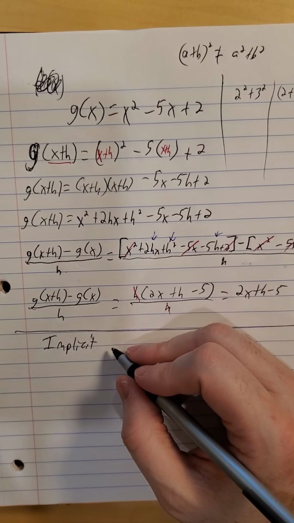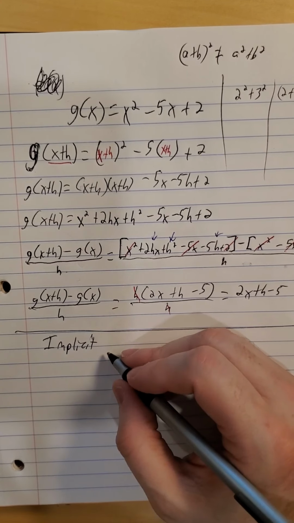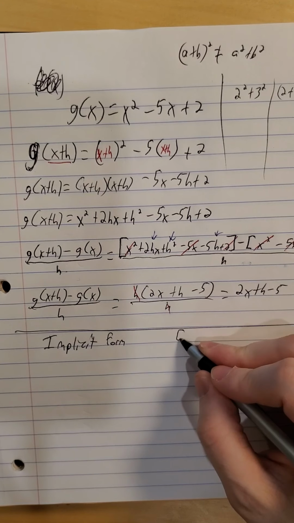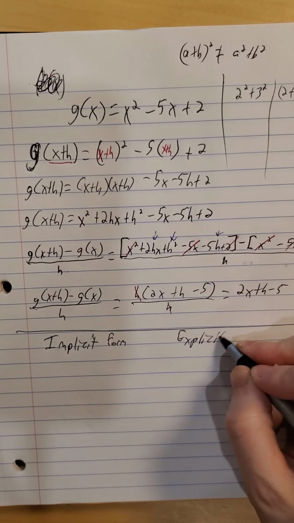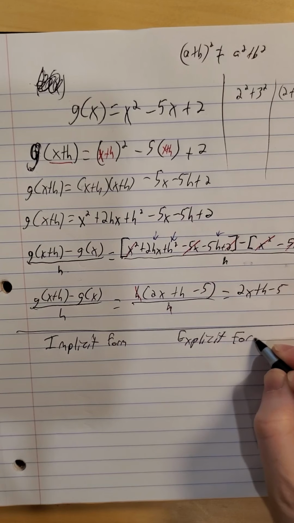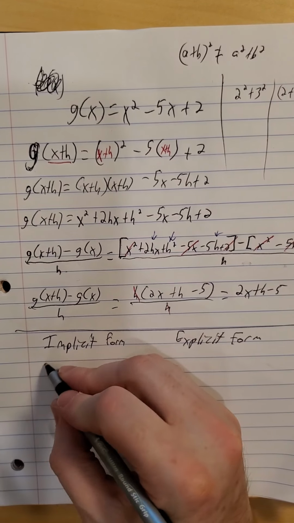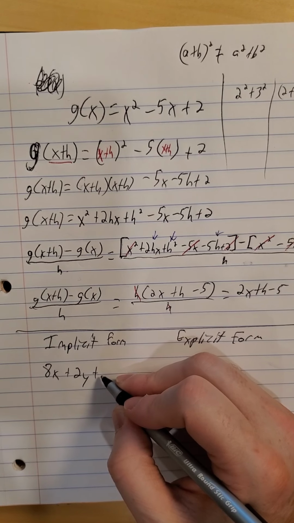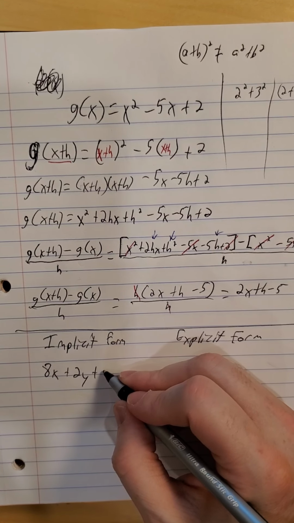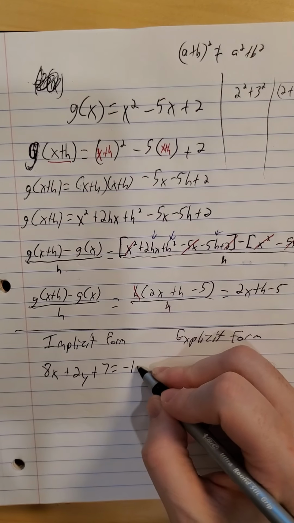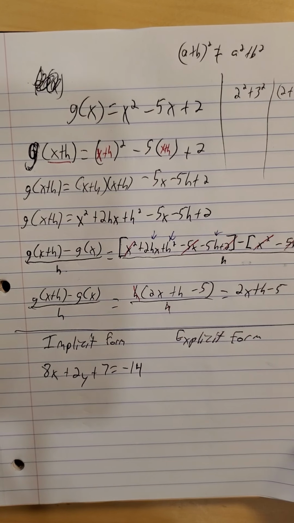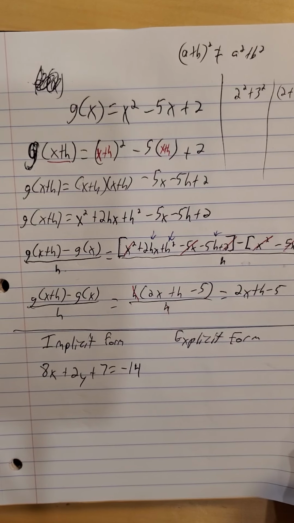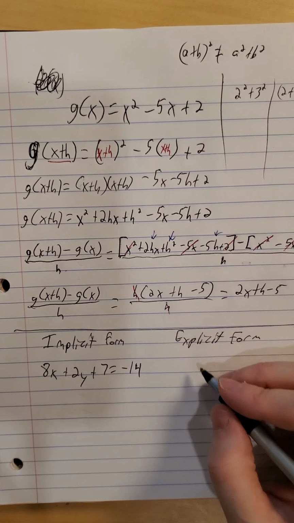Something you're going to see more of as you move forward in your math career: implicit form versus explicit form. We'll start with just a linear. x plus 2y plus 7 is negative 14 is an implicit form of an equation.